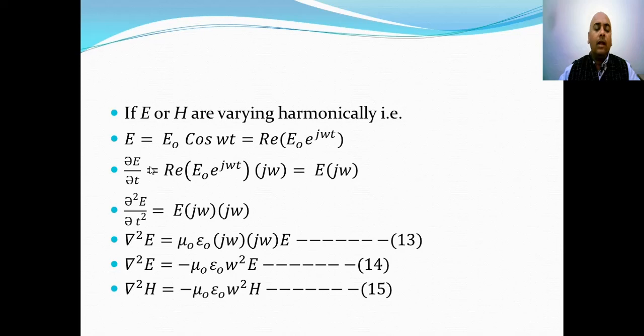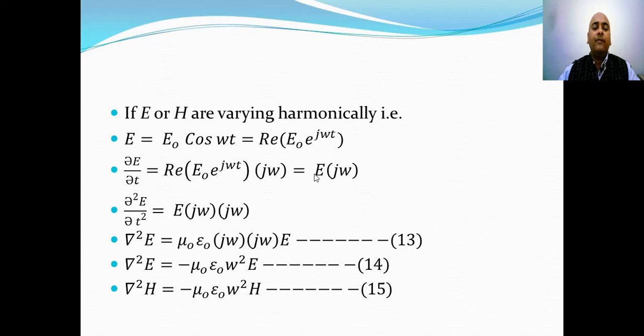So we can also take double differentiation. If I take double differentiation of E with respect to time, it is ∂²E/∂t². The effect of double differentiation will be just to multiply by j omega one more time.